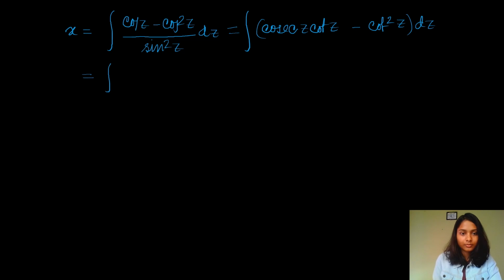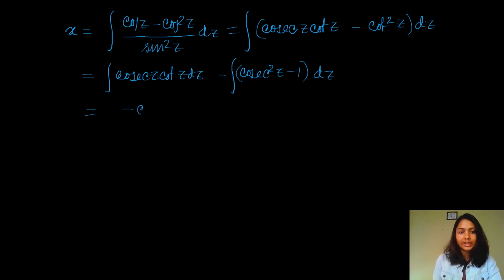So integration cosec z cot z dz minus integration (cosec square z minus 1) dz. So it will give cosec z cot z.